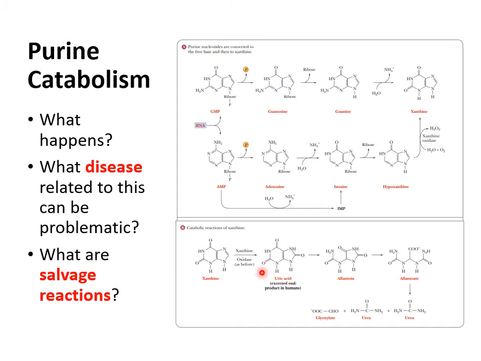Because we're still on nitrogen processes and nitrogen metabolism here. So xanthine gets oxidized to uric acid, and this can be excreted as the final product in things like birds and reptiles.